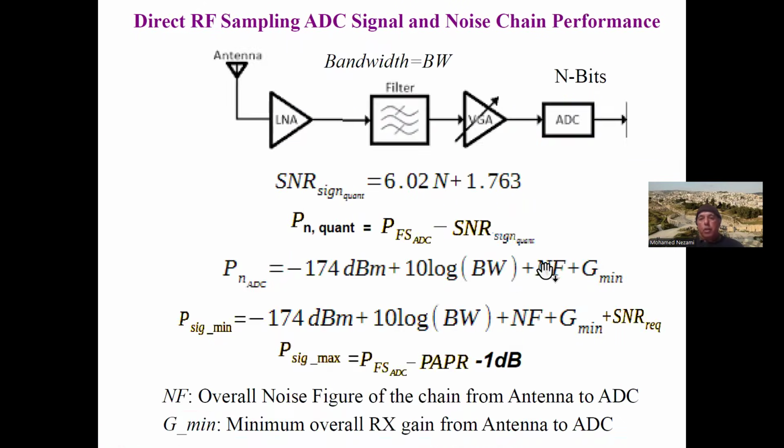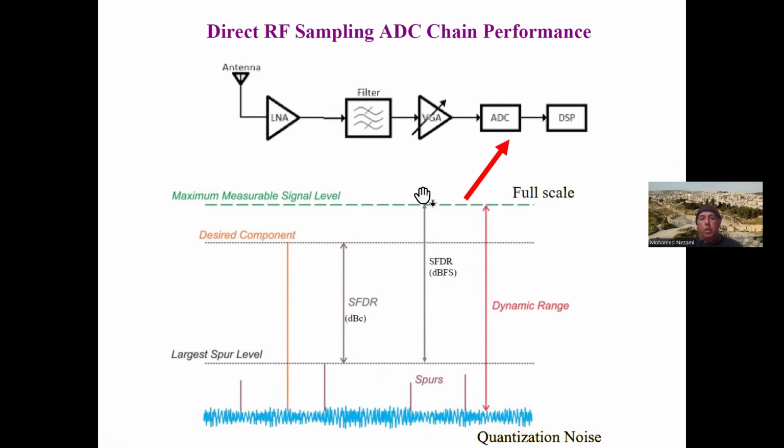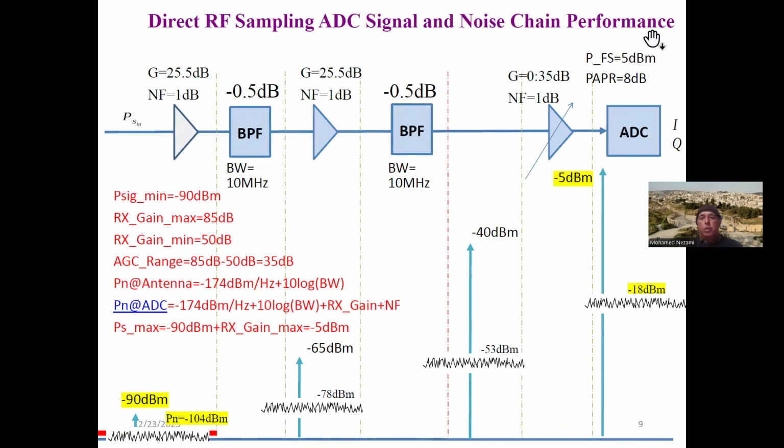That's what defines this here, the all ones condition for the ADC. And let's say that we're trying to receive a signal which is minus 90 dBm, and the thermal noise floor is minus 104 dBm. That's at the antenna on this side here.